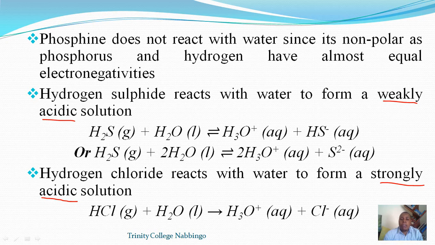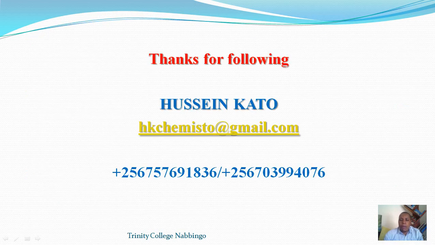So there's a tendency for the hydrides to become more acidic as I move from sodium hydride towards hydrogen chloride. So that is what I wanted us to notice there. So that is what we intended to discuss.